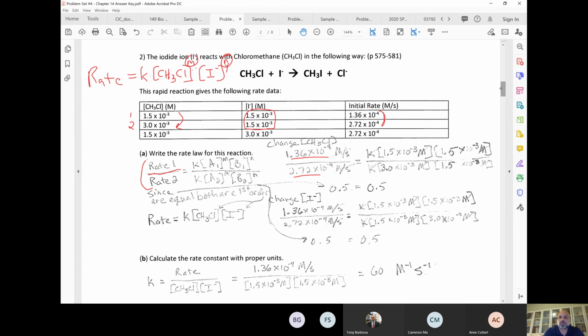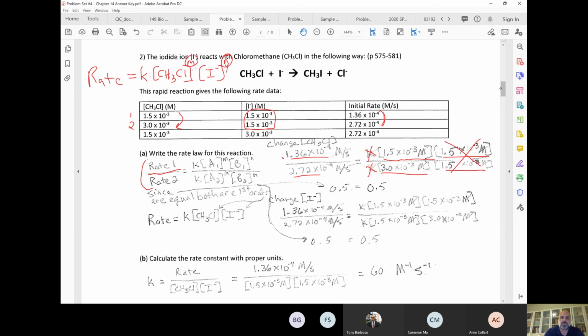We then plug in the concentration of each of these substances: the 1.5 for our initial CHCl3 and 3.0 for the CHCl3 at the second concentration. Because we have the same concentrations for the iodide in this case, those cancel each other out. Since those cancel, the k's also cancel because they are no longer part of the equation. So then we just simply do the math.